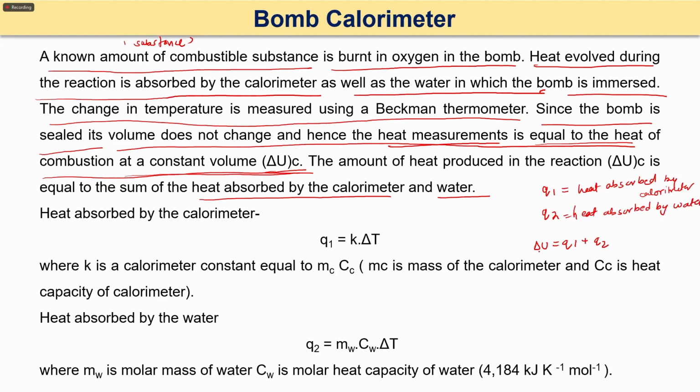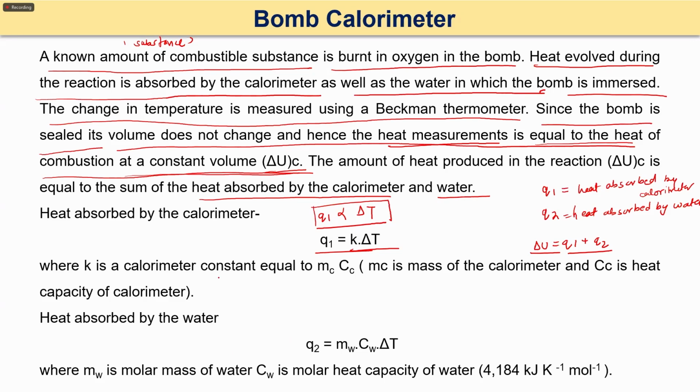Then your delta U will be equal to the sum of both. So Q1, that is heat absorbed by the calorimeter, is equal to K into delta T, because the heat absorbed is directly proportional to the temperature difference.